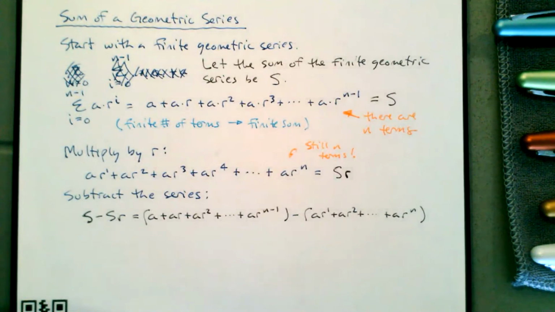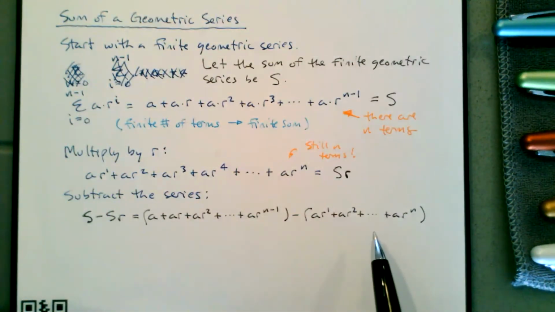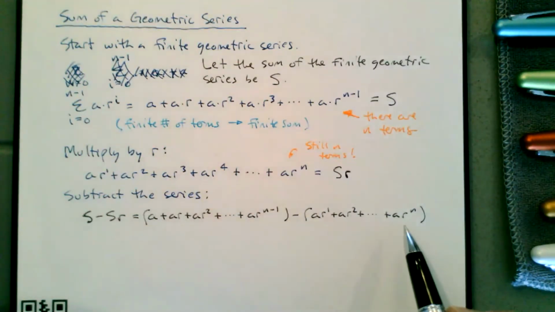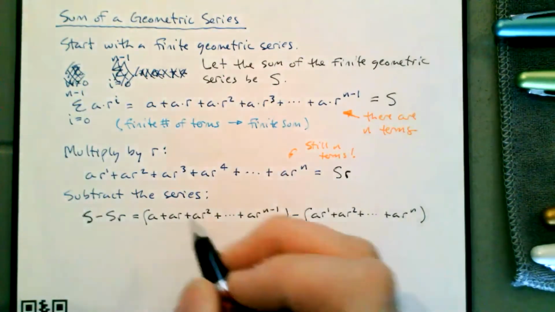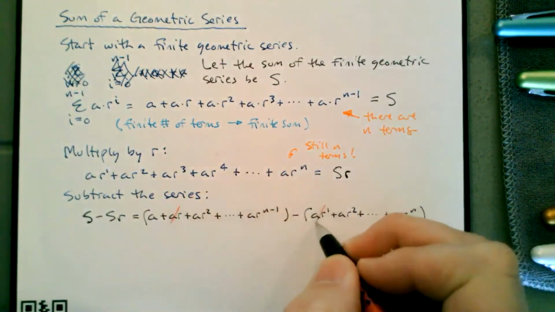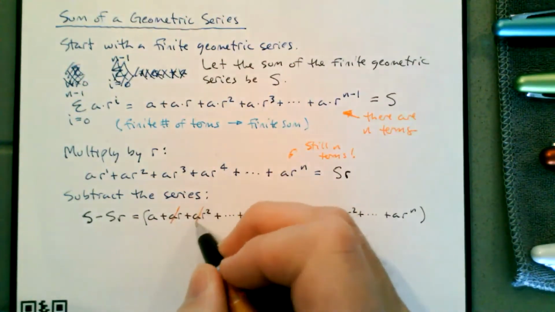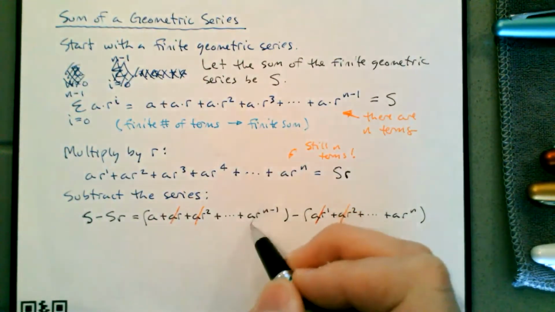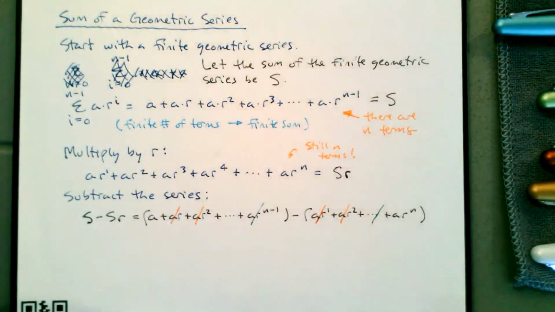And what happens is that most of the terms cancel out. The only terms that don't cancel are A and AR to the n. So now there's a mass cancellation of terms. AR cancels AR. AR squared cancels AR squared. AR to the n minus 1 cancels with the AR to the n minus 1 that would have been right there that I didn't write because I was running out of space.